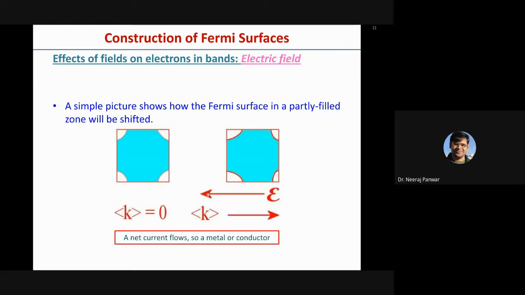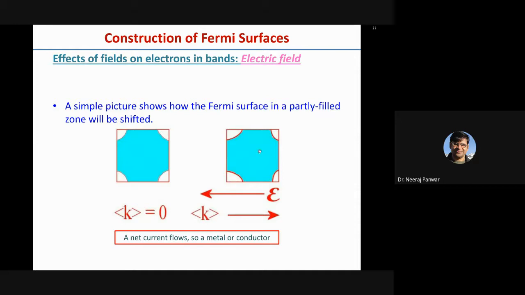When we apply an electric field, the electrons will move in the opposite direction of the electric field. Therefore, the states lying on the right hand side will start getting occupied, more and more, and the states on the left side of the Brillouin zone will start getting vacated.